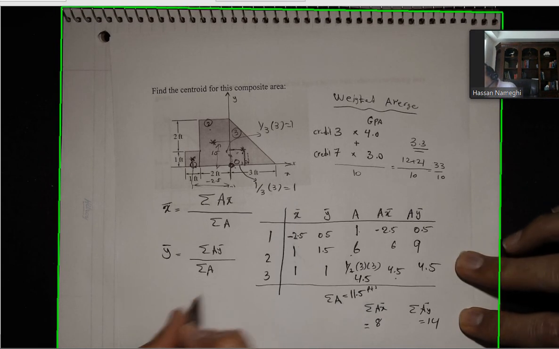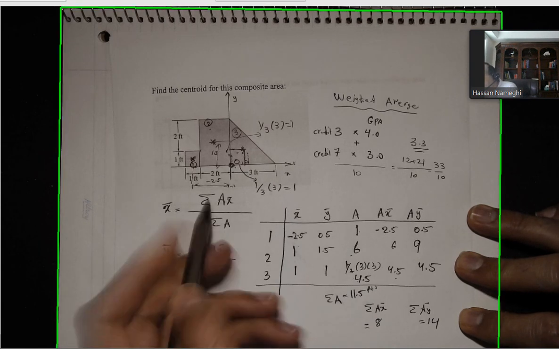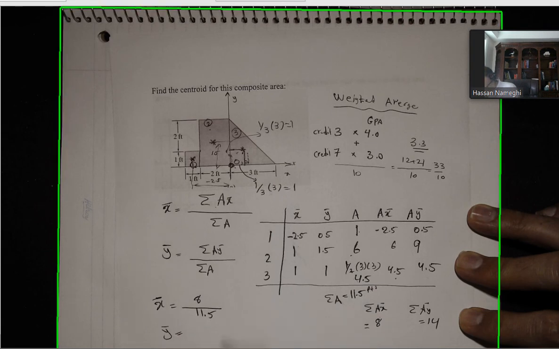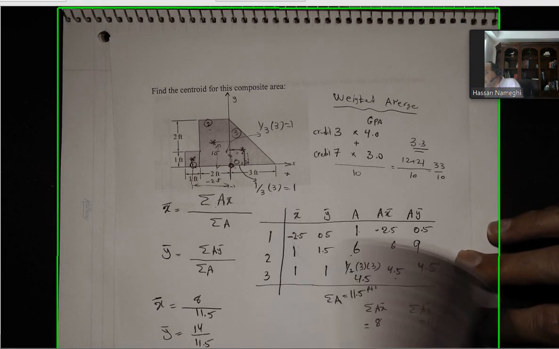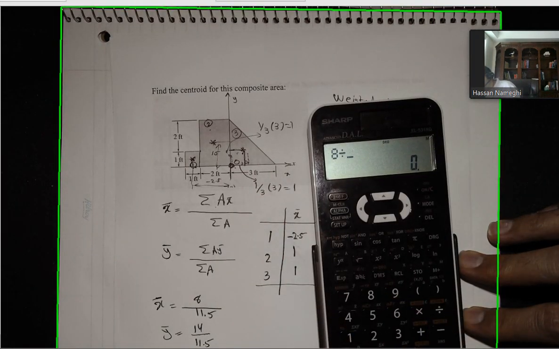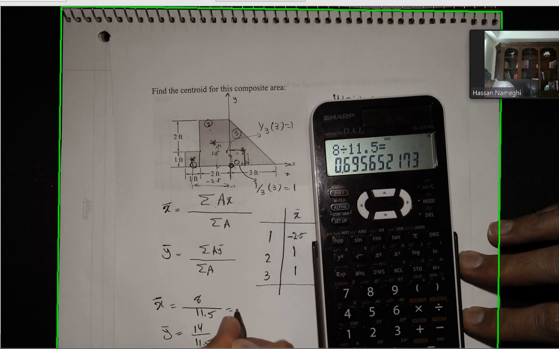So in my answer, x bar is equal to the sum of Ax over the sum of A. The sum of Ax is 8 over the sum of A, which is 11.5. And y bar is equal to 14 divided by 11.5. So I'm bringing my calculator in to finalize the answer. 8 divided by 11.5 is 0.69.